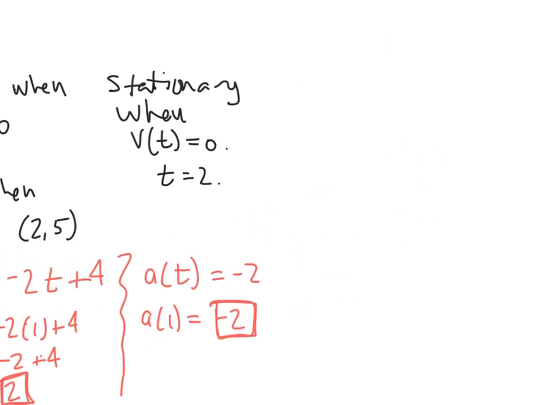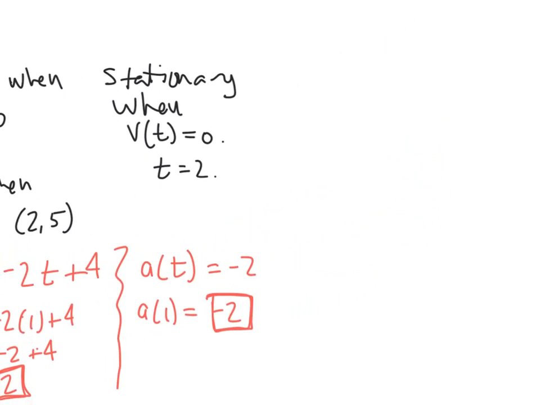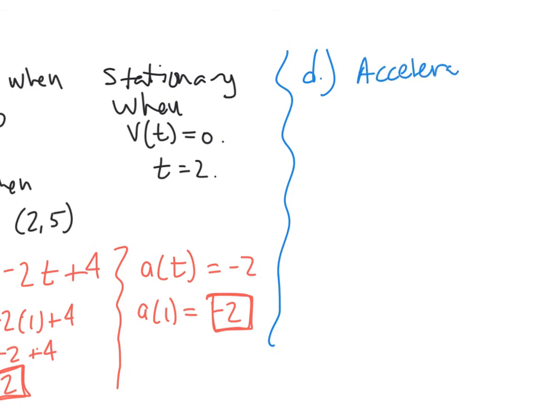is come over here, and it wants me to find the acceleration, so part D. It wants me to find acceleration when v of t equals 0, so at t equals 2.